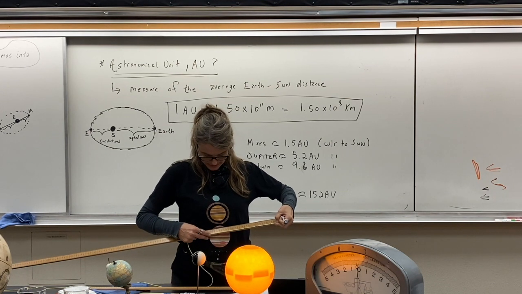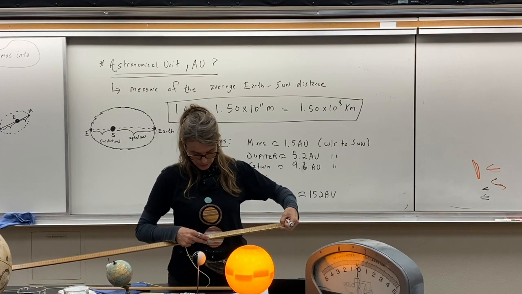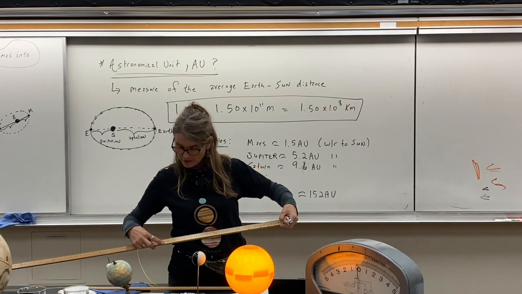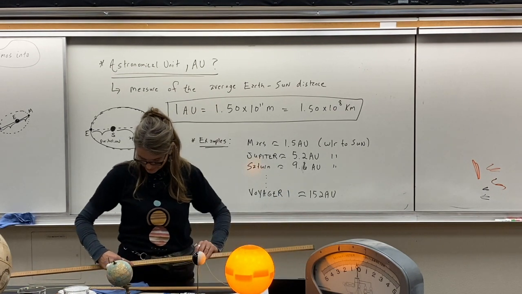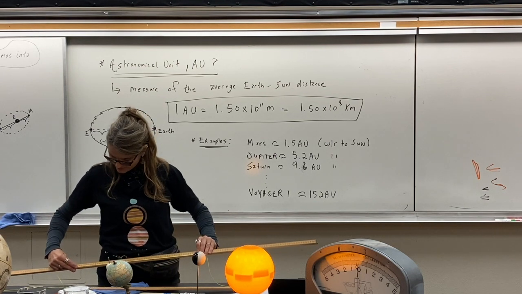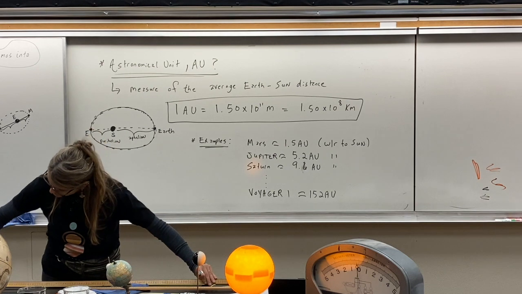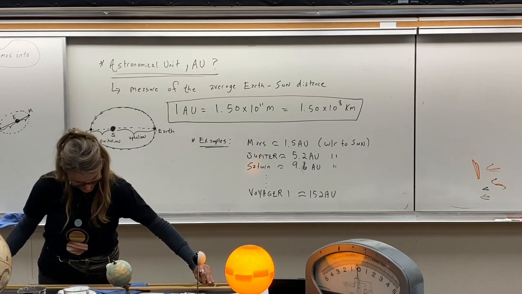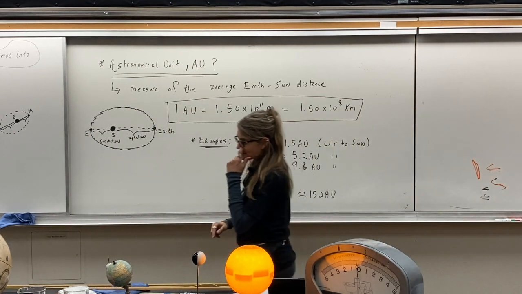And then, like I said, if I represent every 10 centimeters on my string with an AU, I could go down the line, and then I get to about 5.2 for Jupiter, and then about 9.58 for Saturn, and then I move on, and the next one is Uranus, and it gets harder and harder to represent this. Uranus is 19.2.